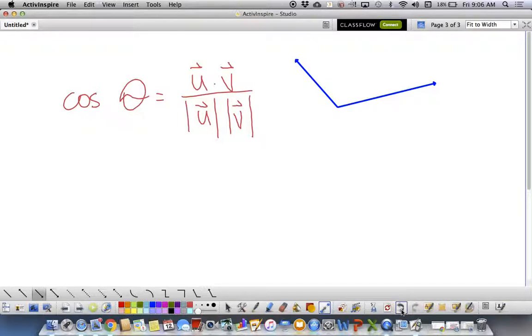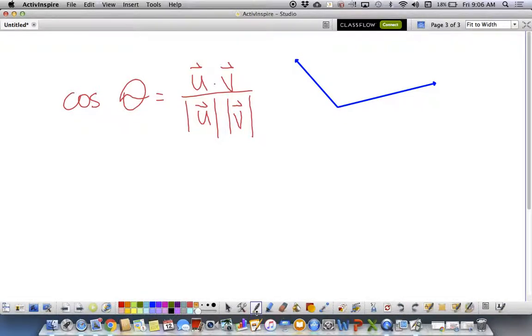Let's do one over here. This one is vector u, and we're going to say it is 7, 2, maybe? Sure. This one is -4, -4.